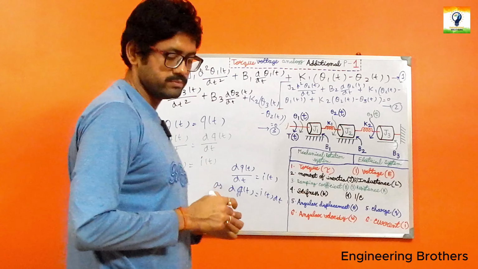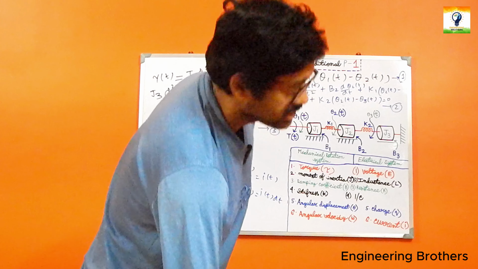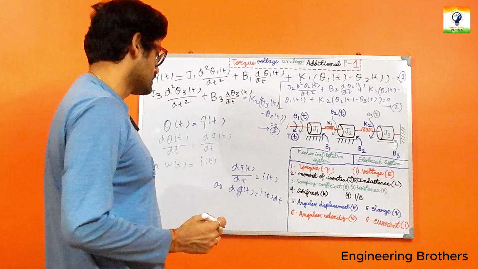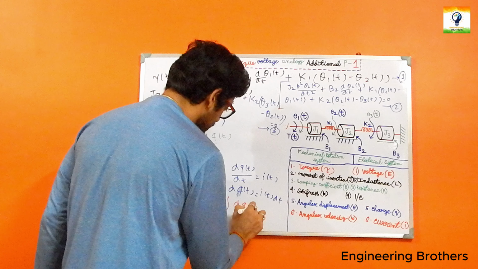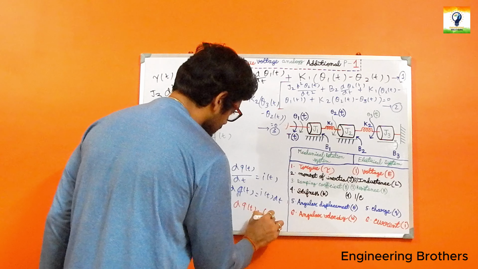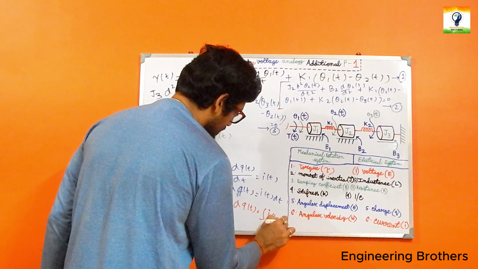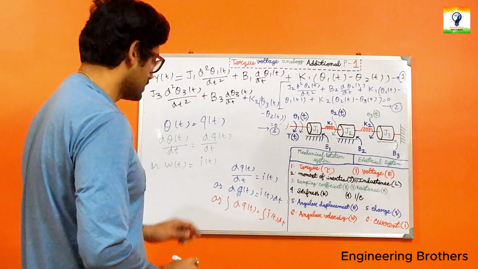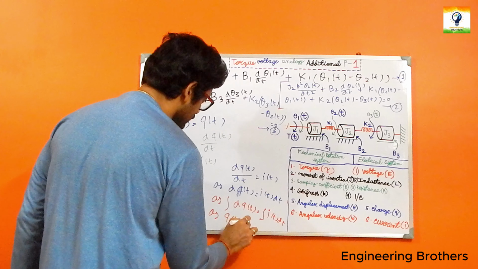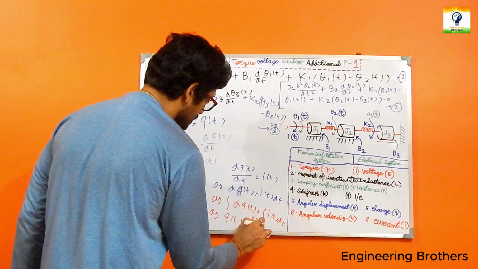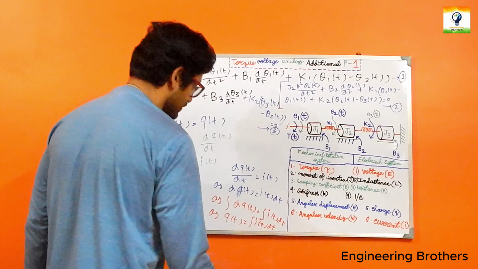Now if you take the integration on both sides of this given relation, we have integration of our dqt, integration of our it dt. So ultimately integration of dqt means our qt. So qt is our integration of our it dt.